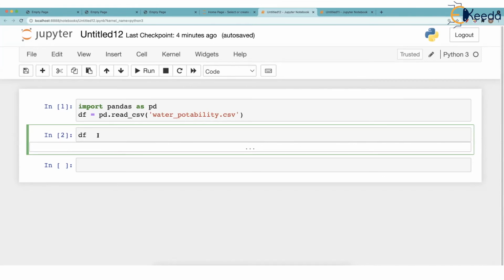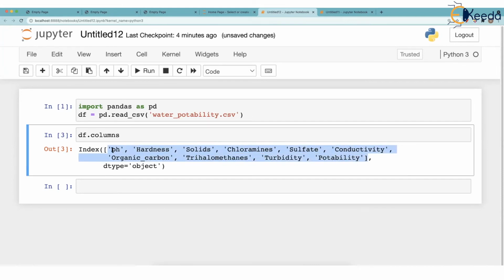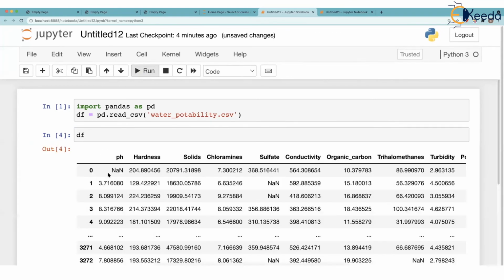Okay. Now recall. How do you know which columns are there? You just say df.columns. Just a revision. Yeah, these are the columns. It has returned a list of columns, the last column being Potability, the first column being pH. You might have also observed in this data frame that the ID column is not there.